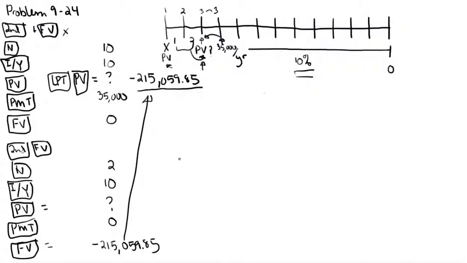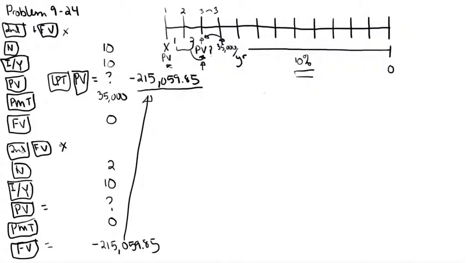So go ahead and clear, and then don't forget to clear your time value of money buttons by pressing second and future value, and then we can go ahead and program this information into our buttons. So push 2, N, 10, I/Y, 0 for payment, and we can put negative 215,059.85 in for future value.